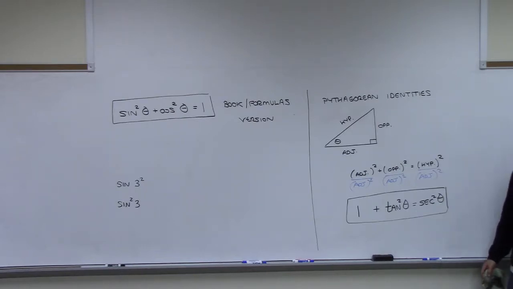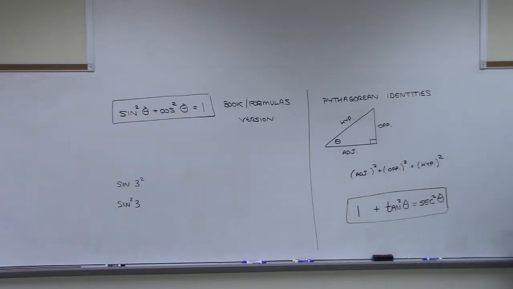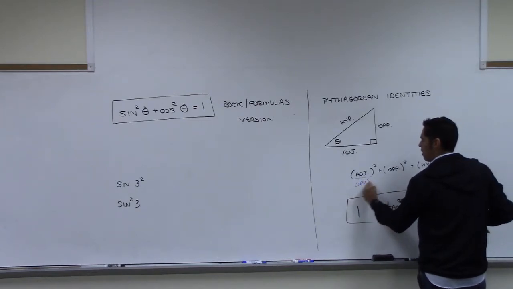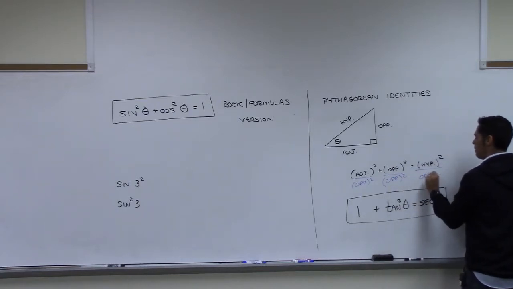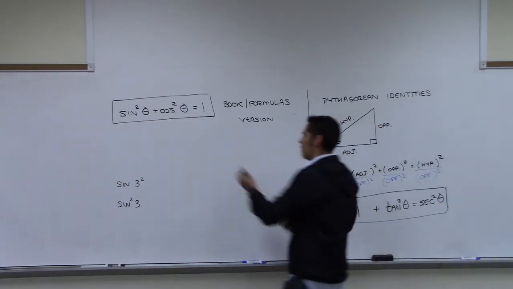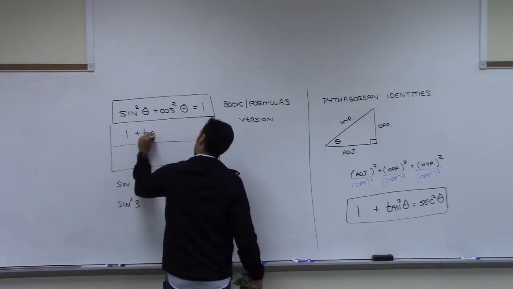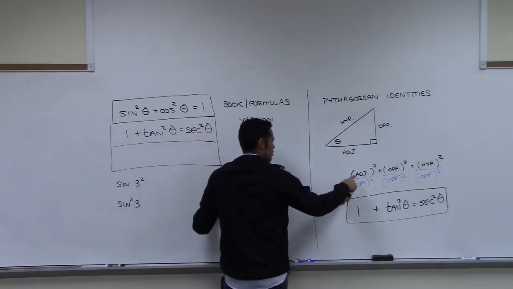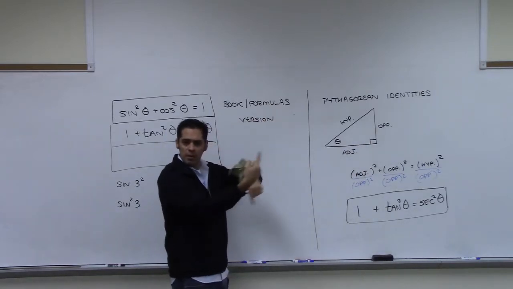And then finally, I could have divided everything by what? By opposite squared. So if we do opposite squared, opposite squared, opposite squared, and opposite squared, we get our final one. Okay, that's the one we just did. Now if we do this one, adjacent over opposite is the reciprocal of tangent, isn't it?